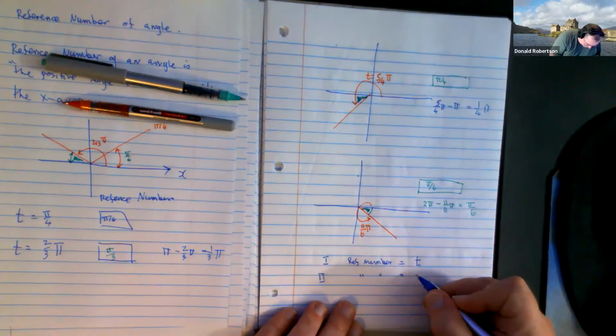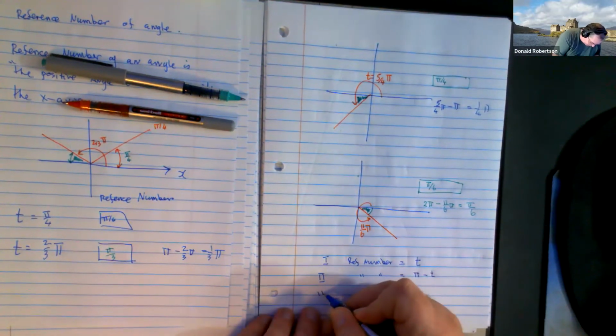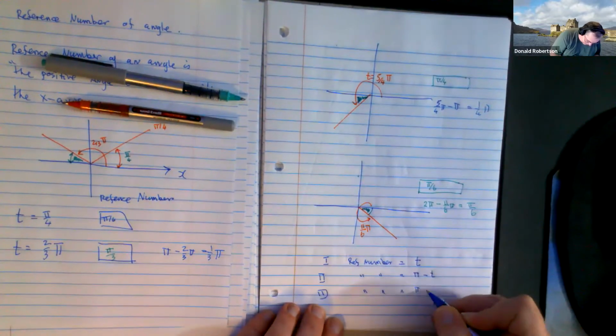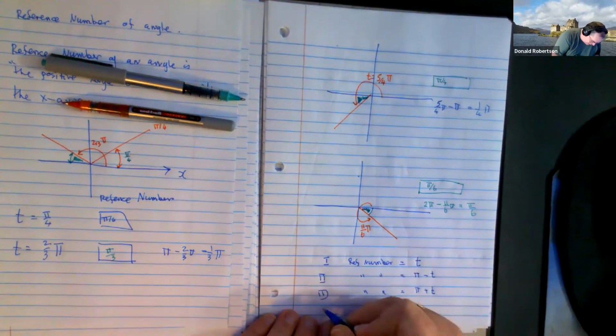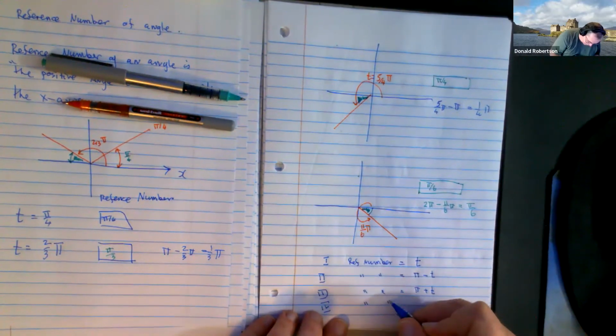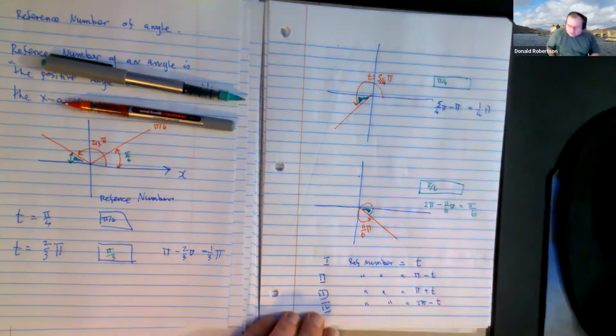Well, it's pi take away t. If it's in the third quadrant, the reference number will be t take away pi. And lastly, if the angle is in the fourth quadrant, the reference number will be 2 pi take away t.